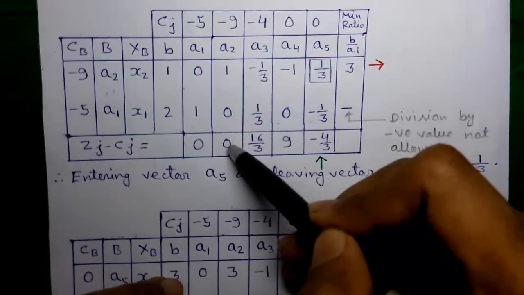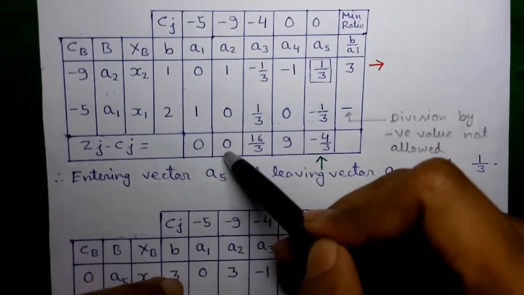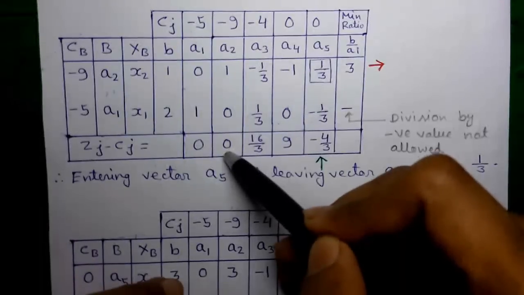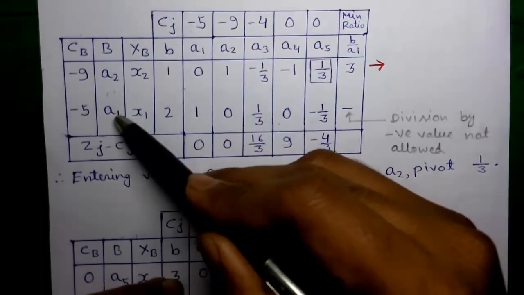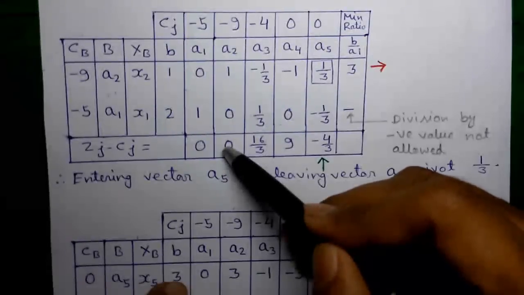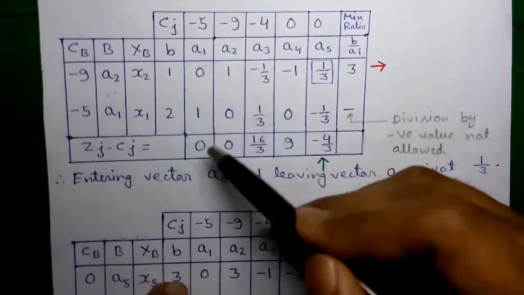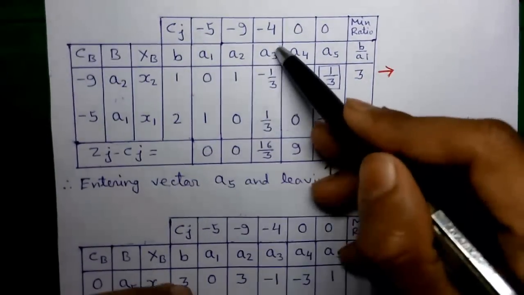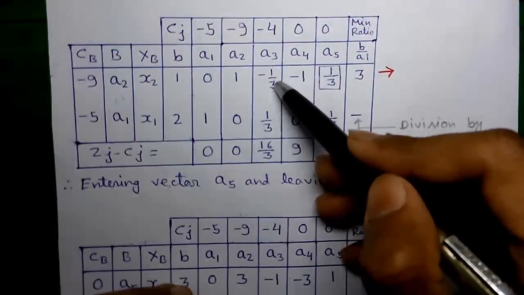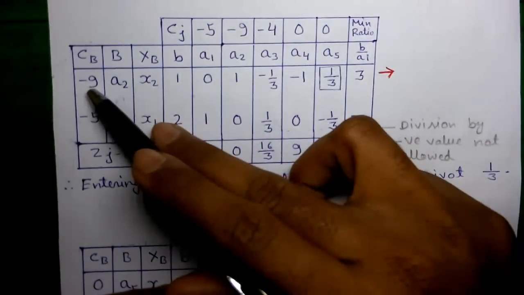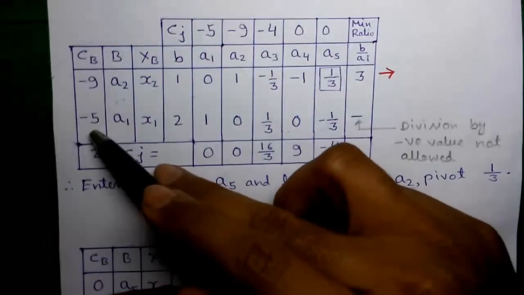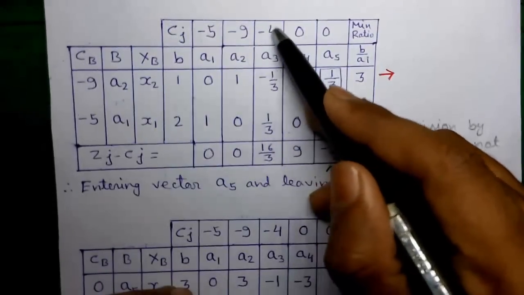And as I mentioned earlier, the zj minus cj value for the basic vectors will be 0. So our basic vectors are A2 and A1, and the zj minus cj values corresponding to A2 and A1 are 0. So next for A3, minus 1 by 3 into minus 9 plus 1 by 3 into minus 5 minus of minus 4.